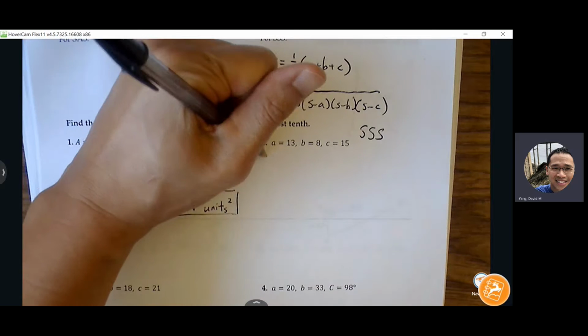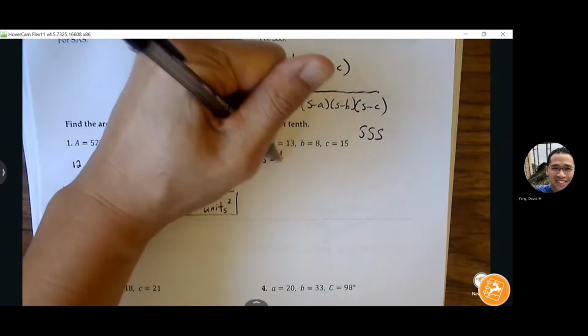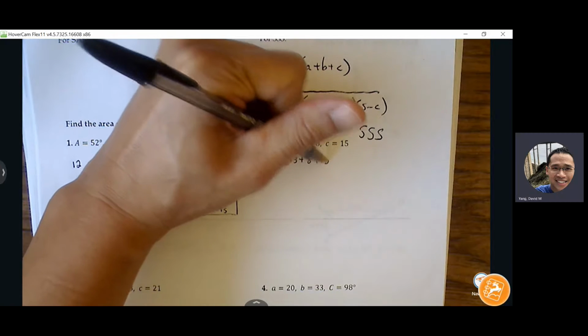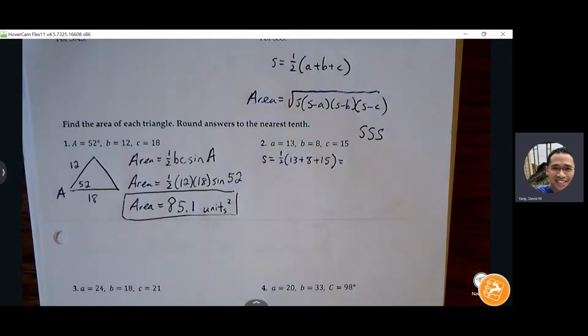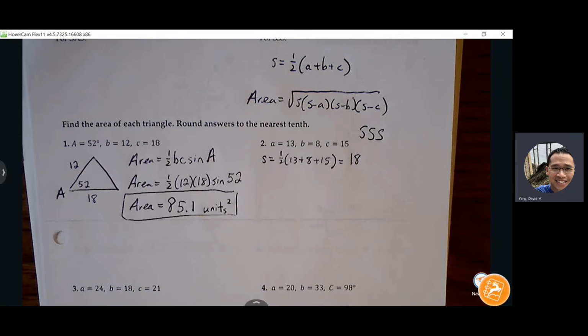Okay, so let's find S first. Okay. S equals 18.